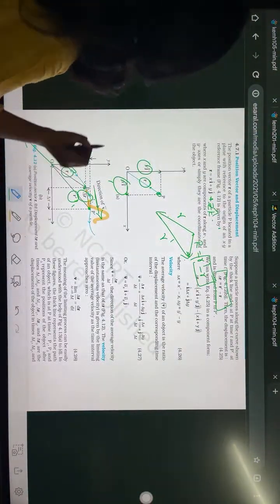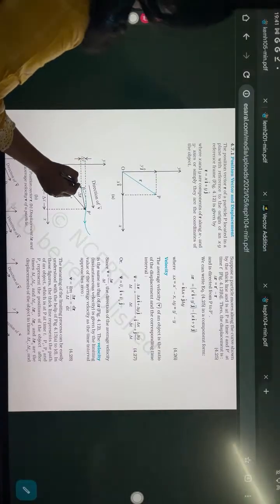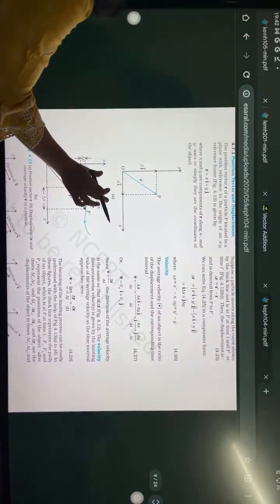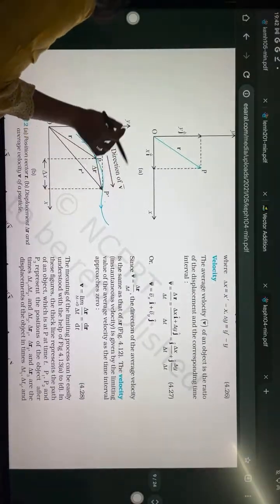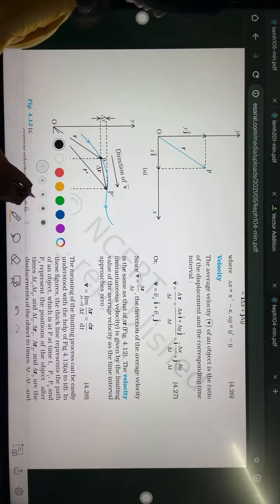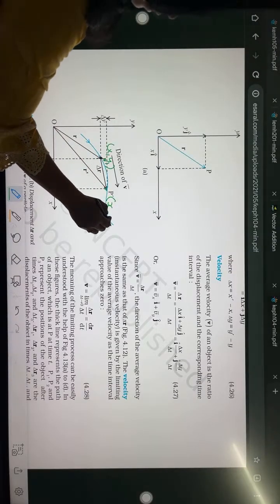And then you know, let this particle be at a position of x1, y1, and this particle be at the position of x2, y2.